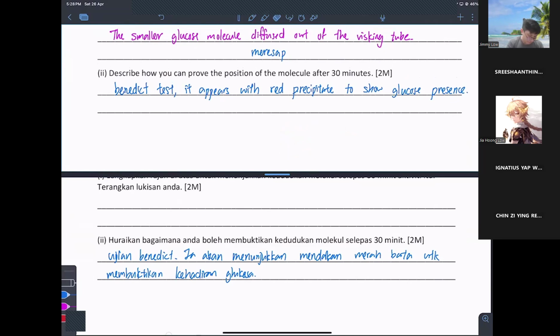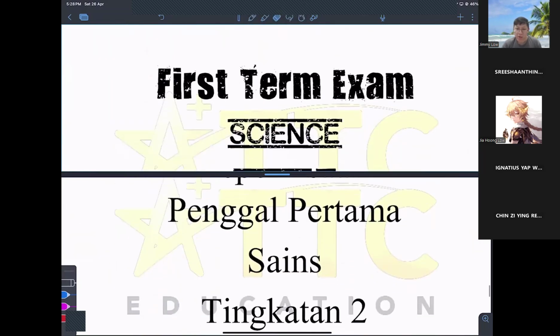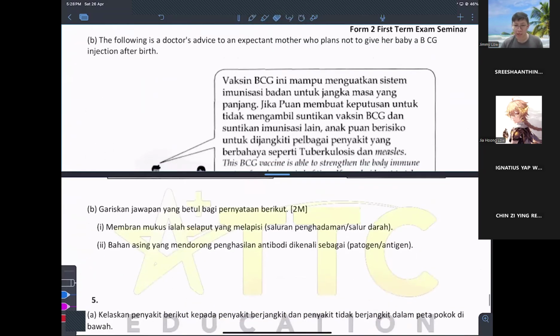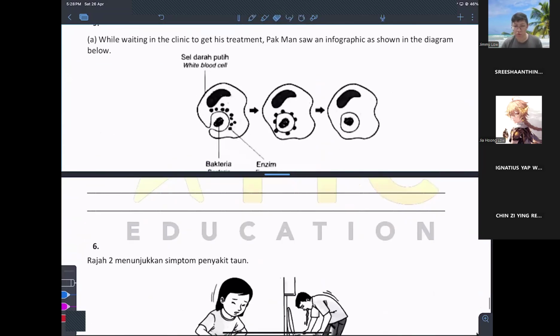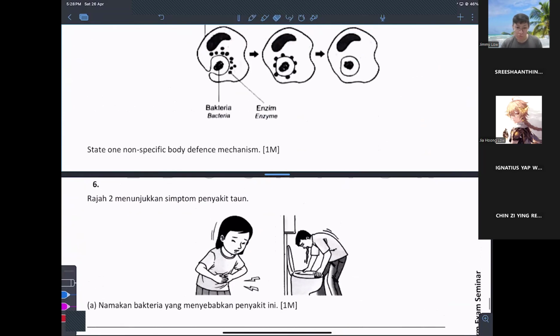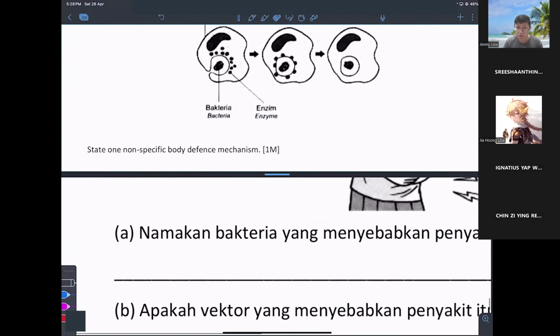All right. As well as this chapter 4, you try to go through some of the questions here. I mean, I don't want you to go through them, you just read through the questions because they ask you the name of the bacteria. You just read through.